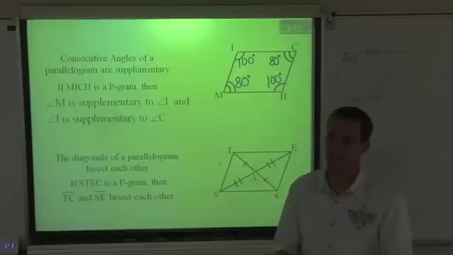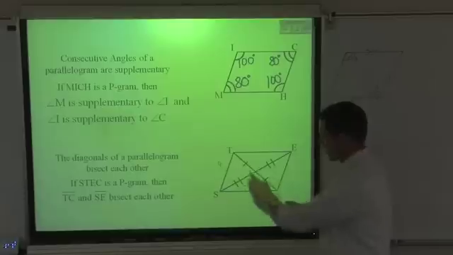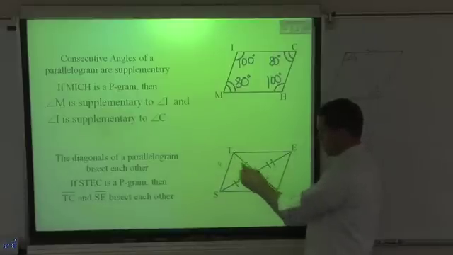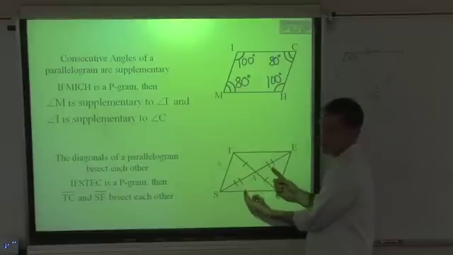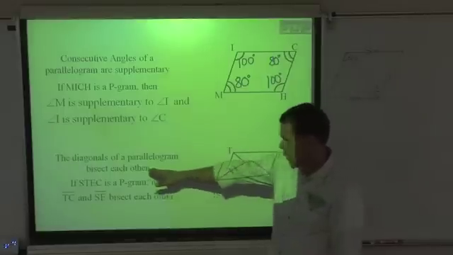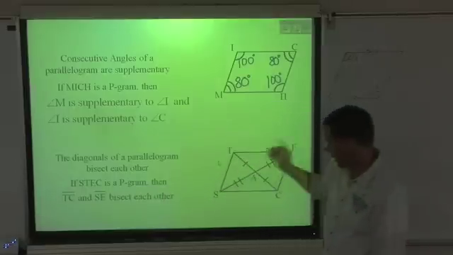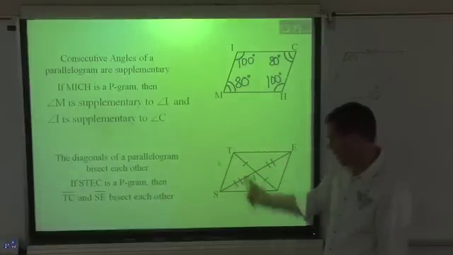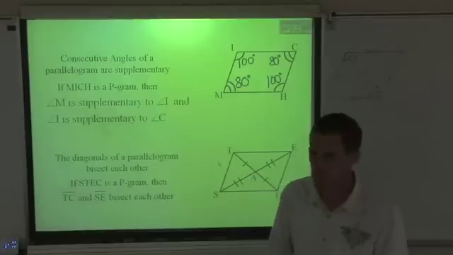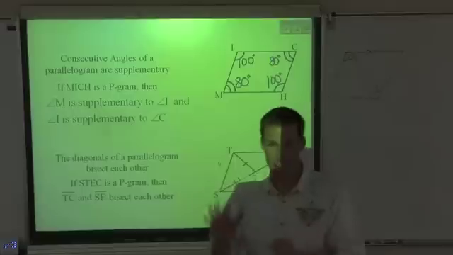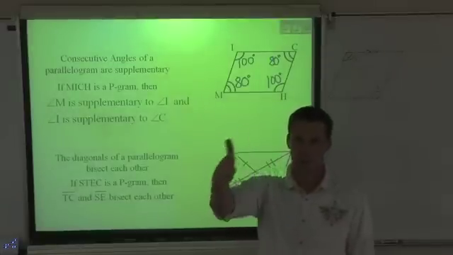We're saying they bisect each other. That doesn't mean they create 4 congruent parts. Just TC is being cut in half into 2 congruent parts. SE is being cut in half into 2 congruent parts. If STEC is a parallelogram, then TC and SE bisect each other. That is the 5th property.